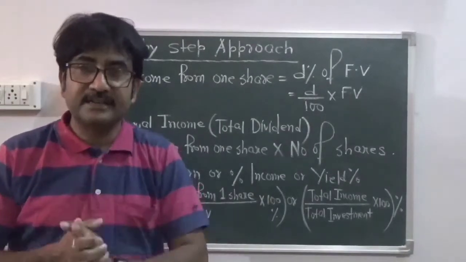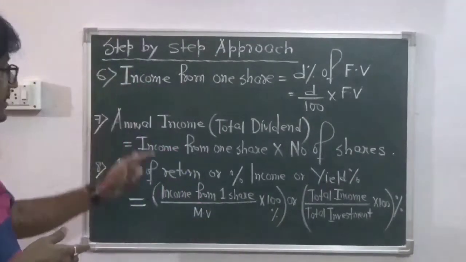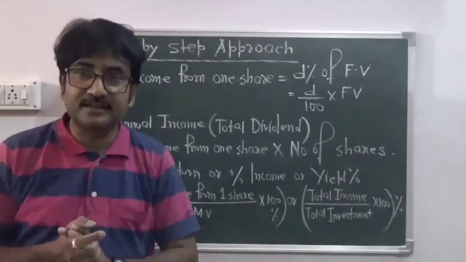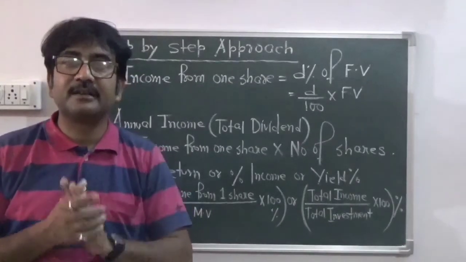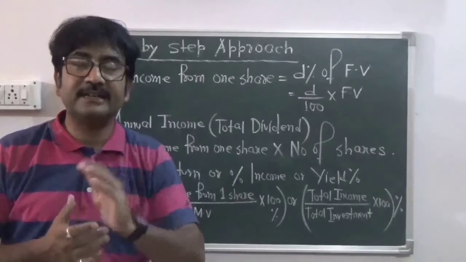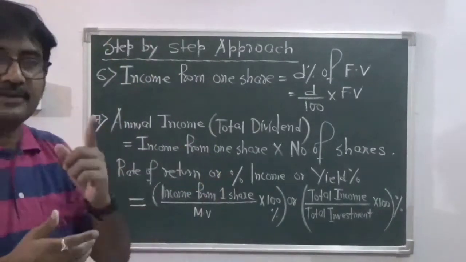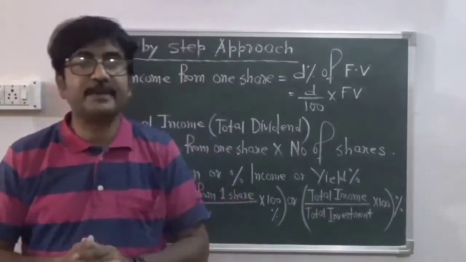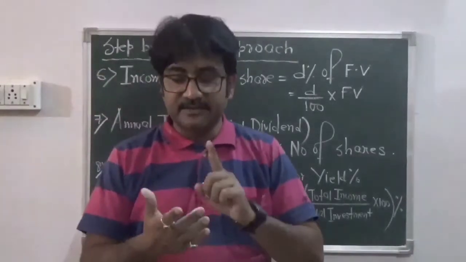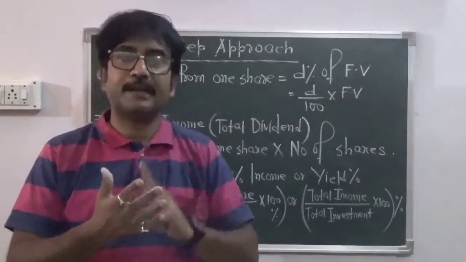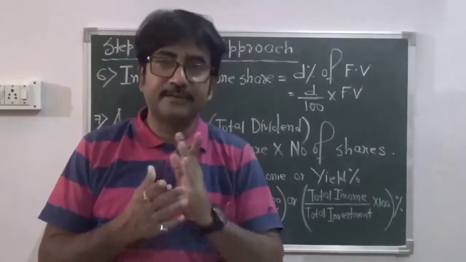And mind it, all these 8 steps that we have just discussed may not be required in the question. So anything that will be required, the sequence will be the same way. First of all, you need to know the investment or the number of shares, the face value, then the market value, and then dividend percent.